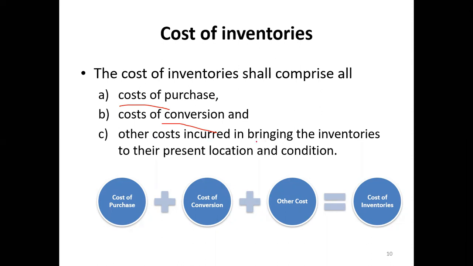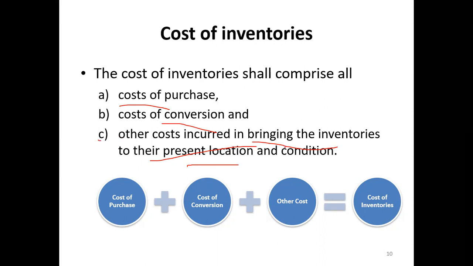Other costs incurred in bringing the inventories to their present location. So you may purchase in Colombo, but you have to install in Ampara. So the transportation cost, custom duties, stamp duties, unloading and installation, so carriage cost. That kind of cost will be considered according to this criterion.